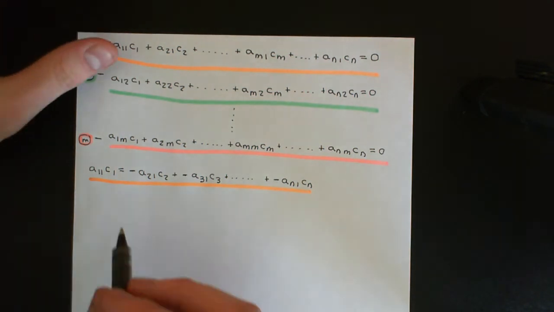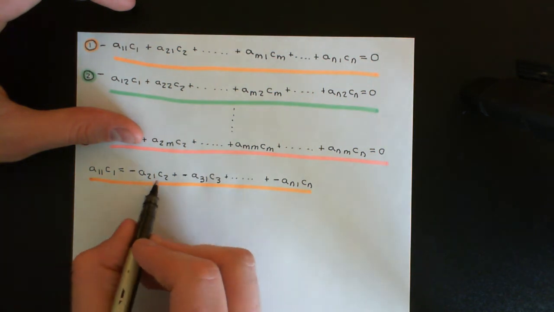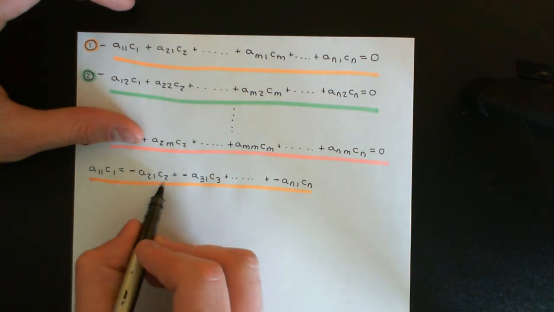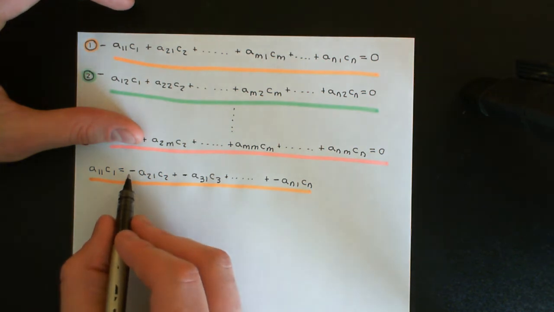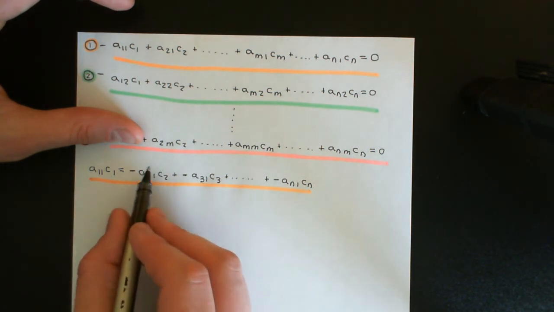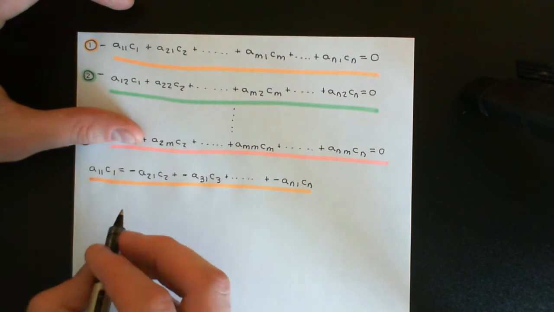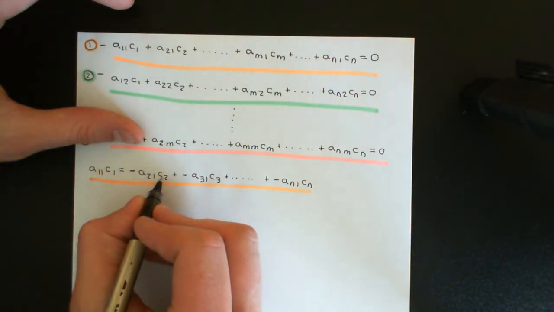Now remember from basic field algebra that when you have the additive inverse of an element in the field, that is the same as -1, the additive inverse of the multiplicative identity in the field, times that element of the field. So this is just equal to -1 times all of those things.